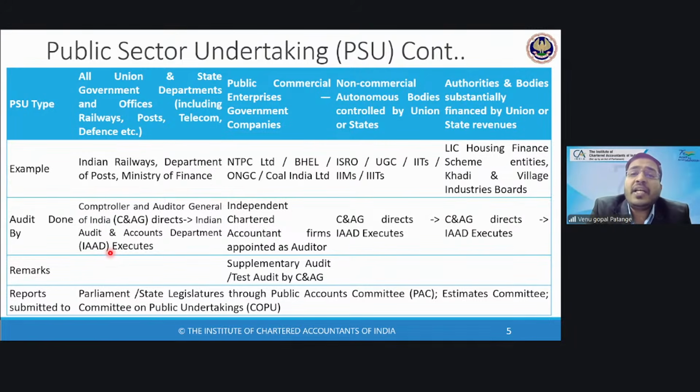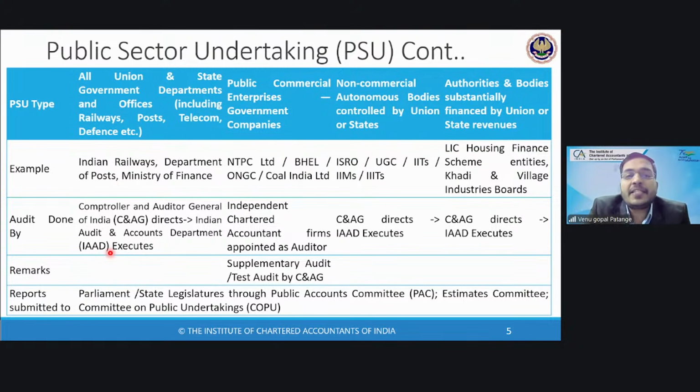All these entities are run by public money, by the taxes collected from people. With that money, government is allocating money to respective departments in order to provide service to the public, to ensure public welfare, public safety, infrastructure, etc. Clear? So this spending has to be audited, right?